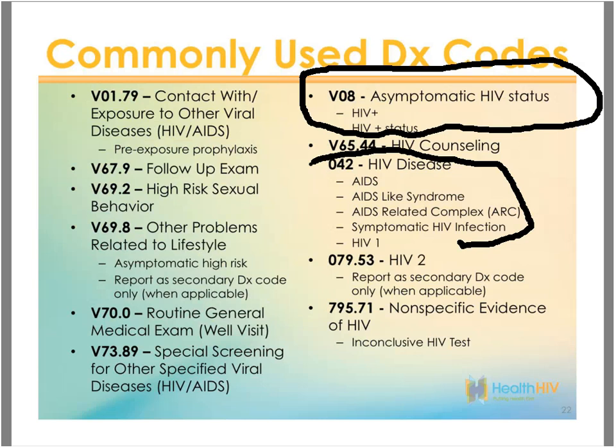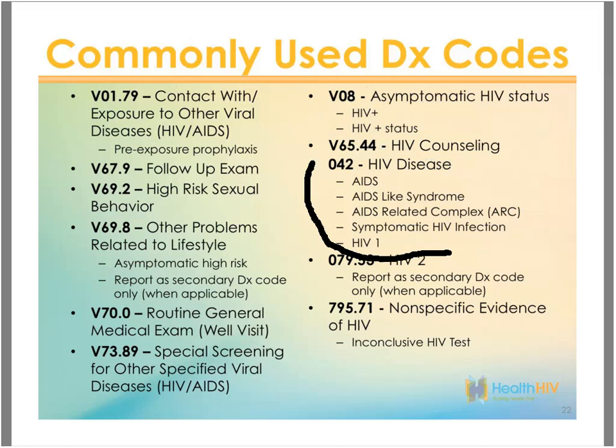When a patient's documentation states that they have AIDS, HIV infection, HIV disease, the principal diagnosis is going to be 042. When the documentation states that the patient has asymptomatic HIV status, HIV positive or HIV positive status, the code now is V08. So you really want to make sure that the documentation is clear so that you can report the most appropriate code for that patient encounter. I hope that answers your question.